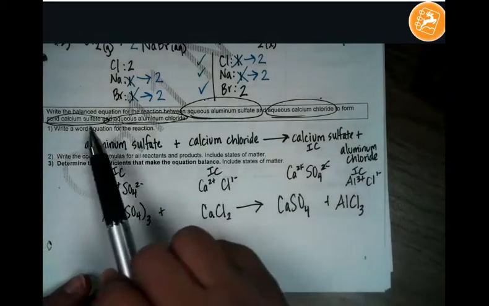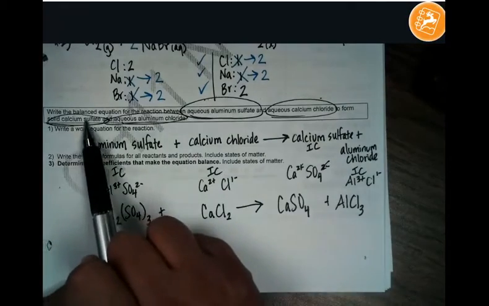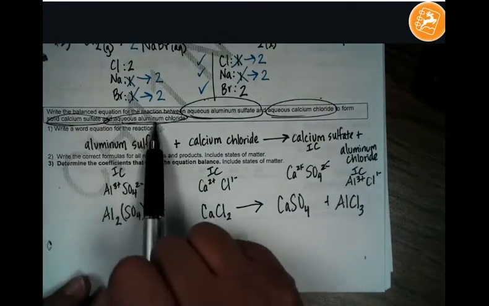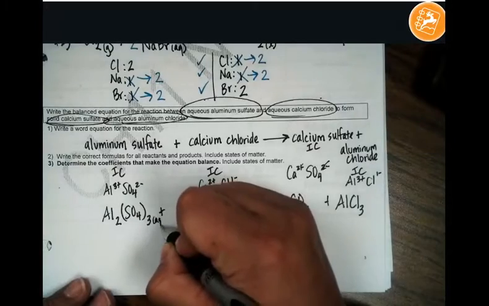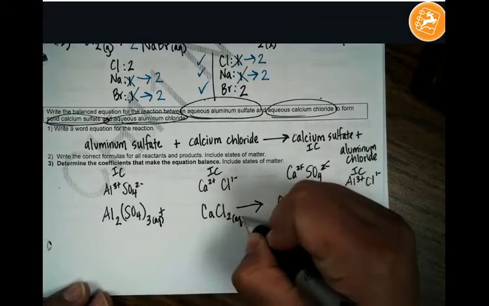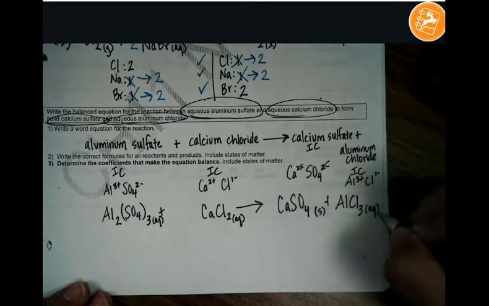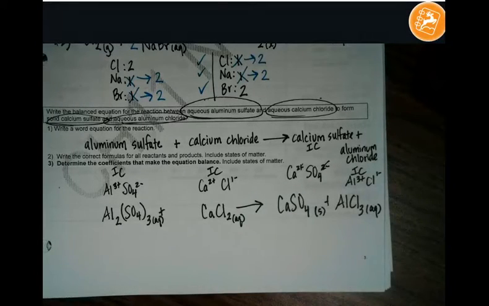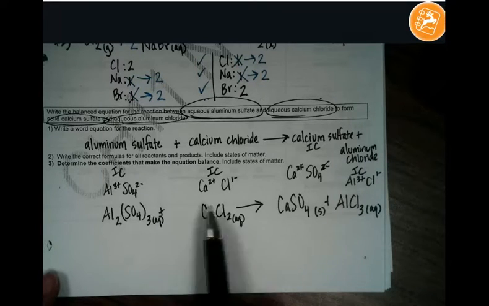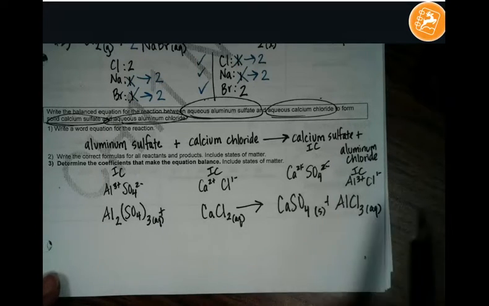So they're all aqueous, except for the calcium sulfate, that's solid. So I have AQ here, AQ, solid, AQ. So now, right, I have my skeleton equation, but now I have to balance.